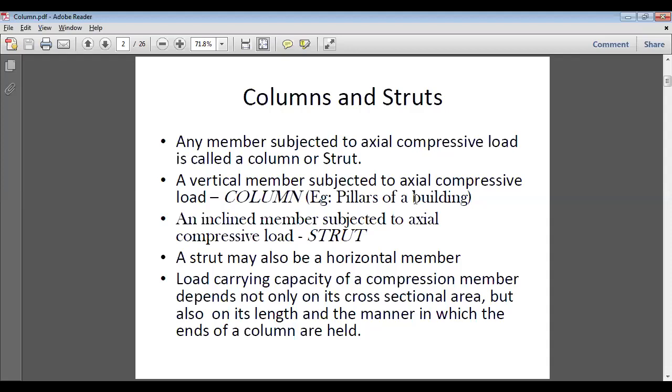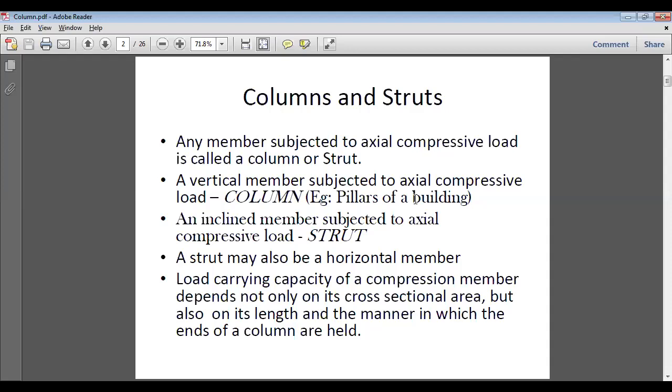So columns are the vertical elements of the structure that are used to transfer the load. At the same time, they are subjected to axial compressive loads.